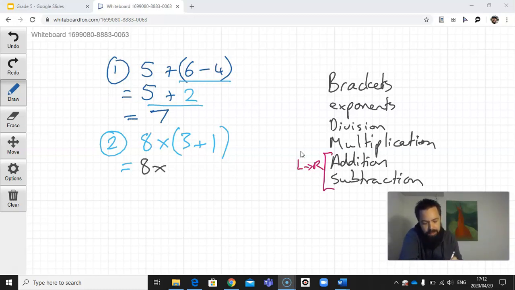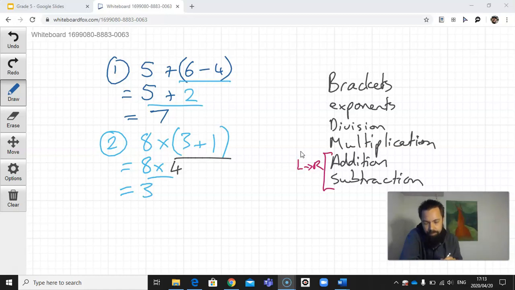So 8 and the times stay there. This is what we're doing. 3 plus 1 is 4. So that has taken the space of what was in the brackets.